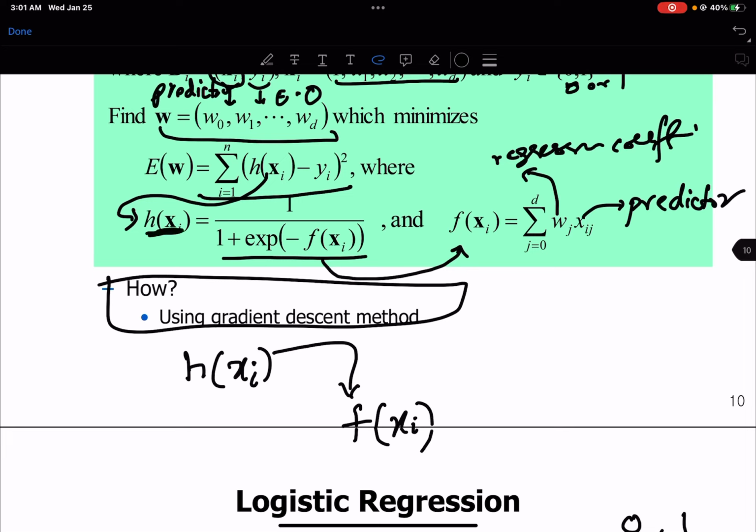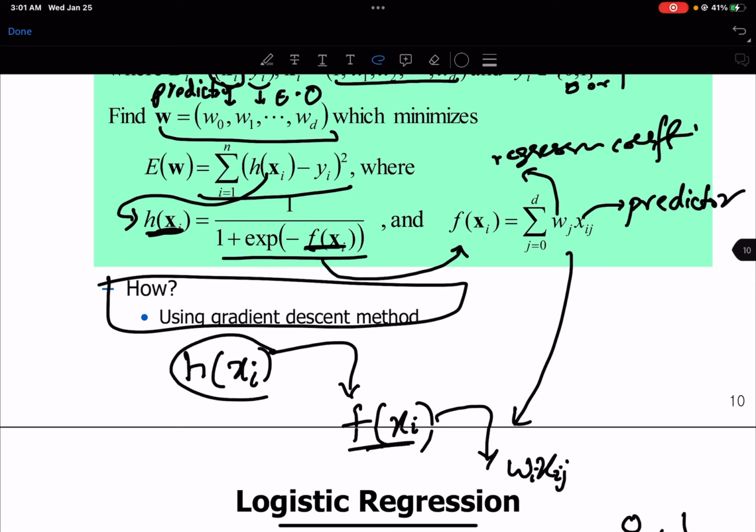You can see h of x is a function of f of x. And what is f of x a function of? wi xi. So can you see here? If we are to differentiate this function, we would need to differentiate this function.